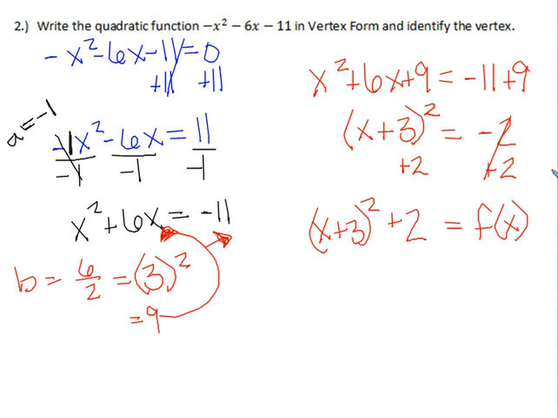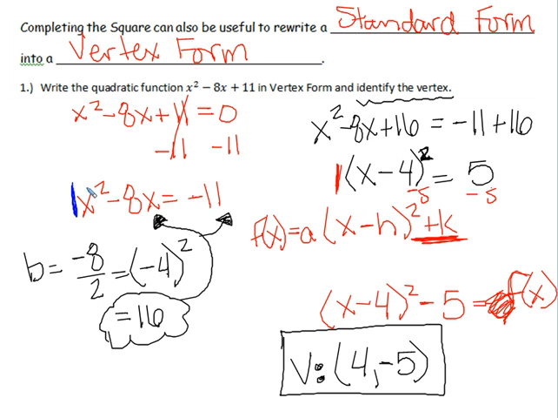All right, so far it's just like the one we already did, but we need to be extra careful with this one because again, if you remember vertex form, we have the a out front, it's a times x minus h squared plus k. So if we take a look at the last one we did, over here we didn't have to divide by anything because our a value was 1.